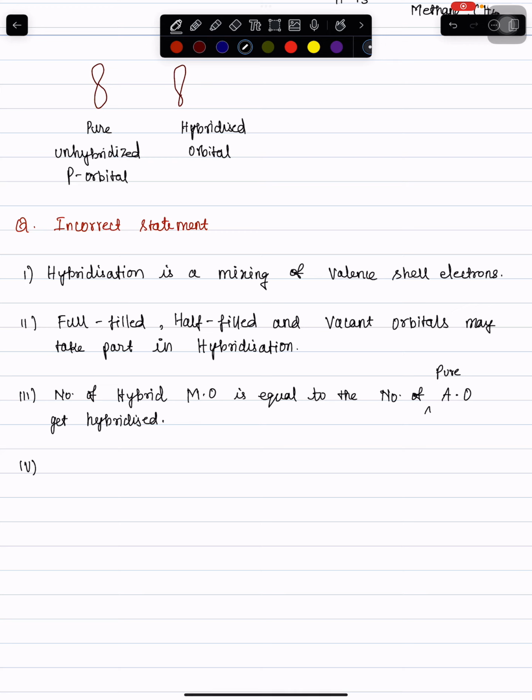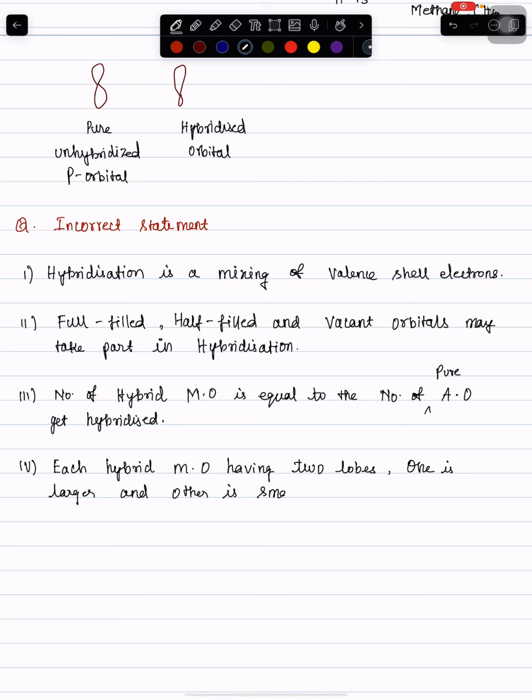And the fourth option is: each hybrid molecular orbital has two lobes, one is larger and the other is smaller. As we discussed earlier.